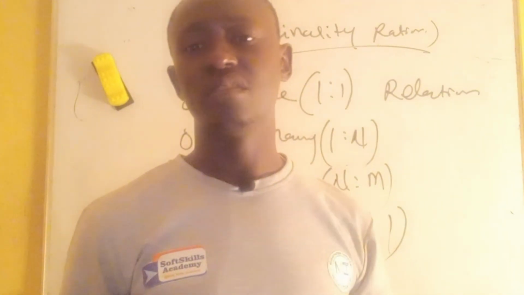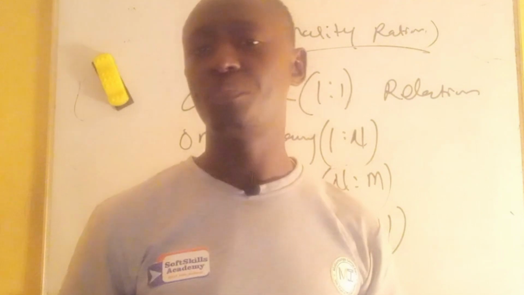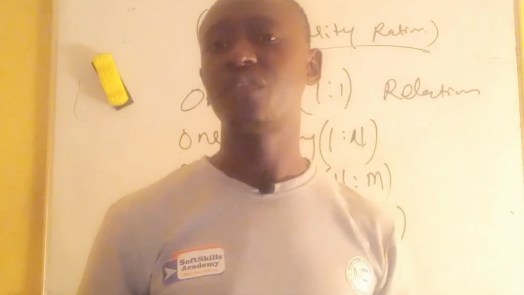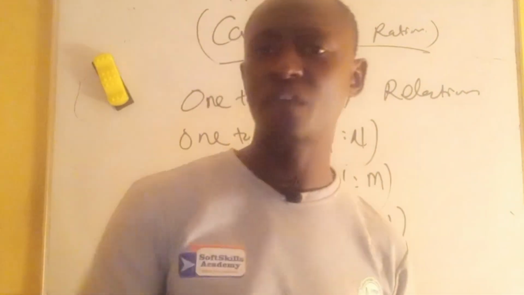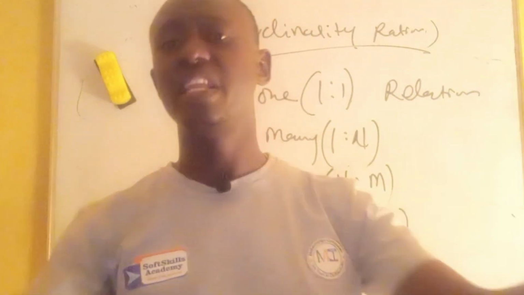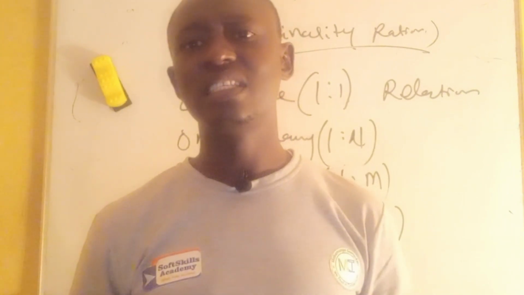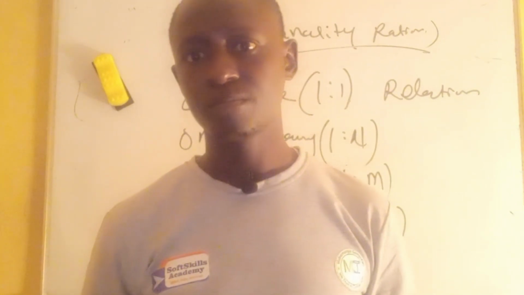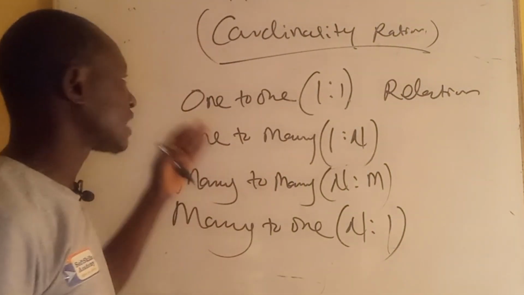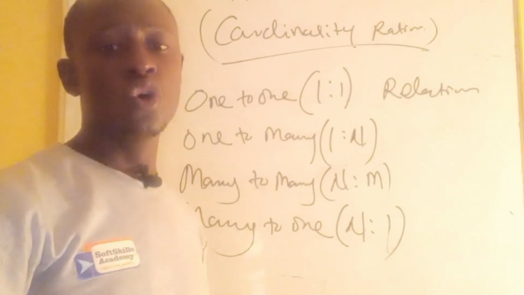We have database management system, introduction to computer programming, introduction to computer graphics, complexity analysis, data structure and what have you. All these courses can be registered by many students. Are we getting these instances so lovely? So that's the explanation of this cardinality ratio in this class today.